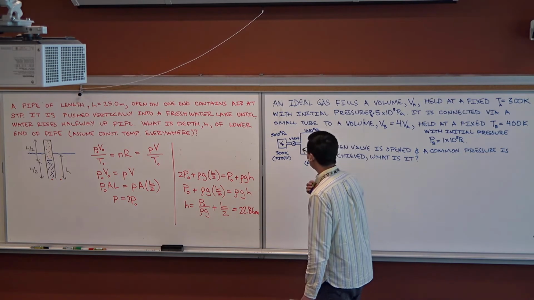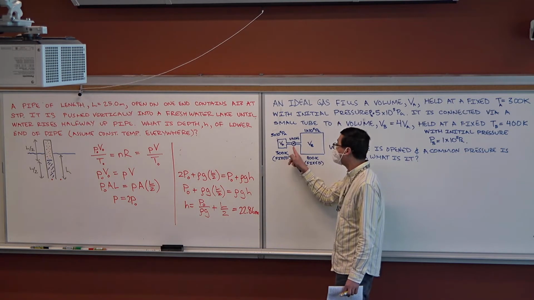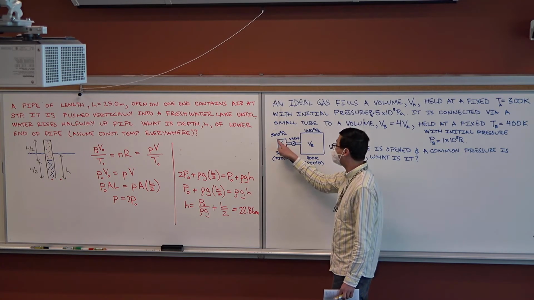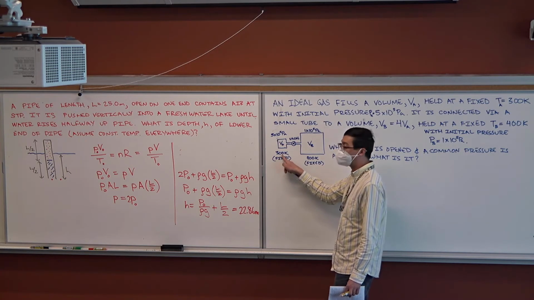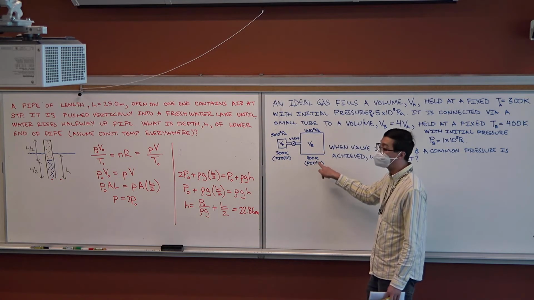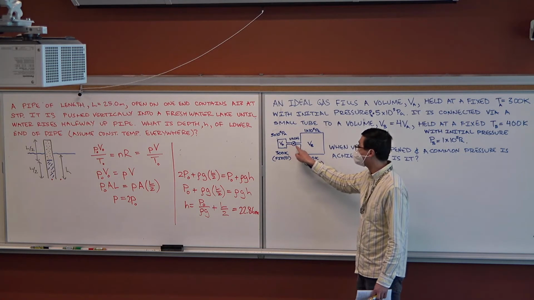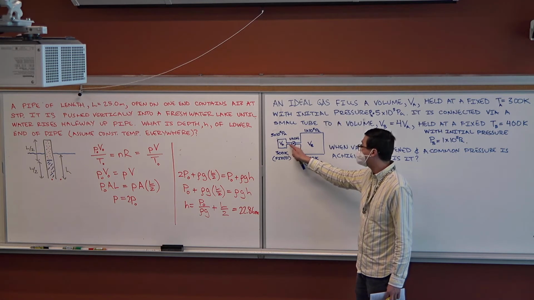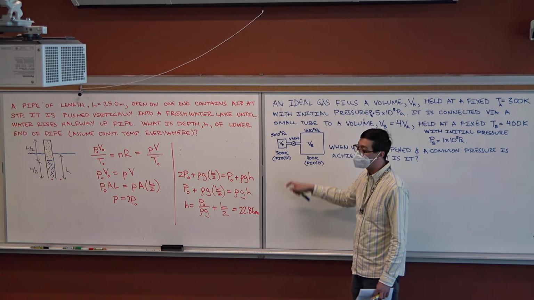I want to stress that even after the valve is open, this regulator is going to hold this volume to 300 Kelvin and this volume to 400 Kelvin, and we're not going to consider any volume of gas actually living in that tube.